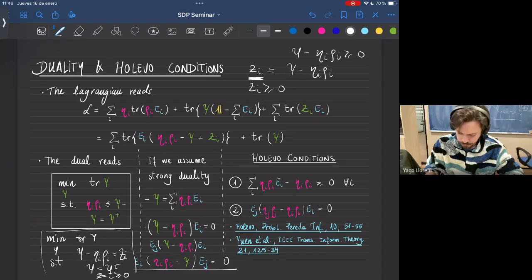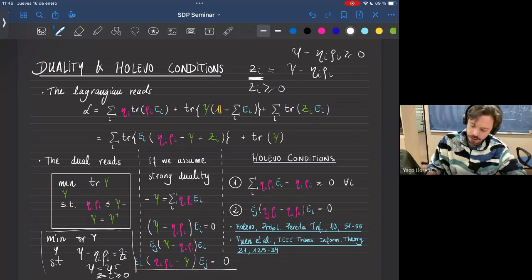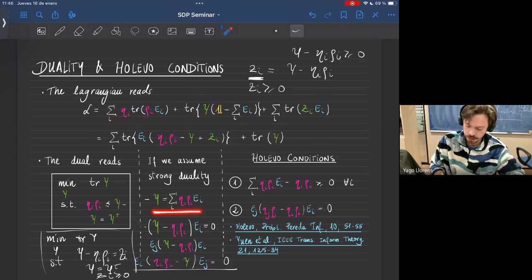Then, if we want the output of the dual problem to be equal to the output of the primal, we have to make the trace of y equal to this sum of traces in here. So we can assume that the operator is simply this object in here and see that they have the same trace. So assuming this, the dual and the primal will have the same value.